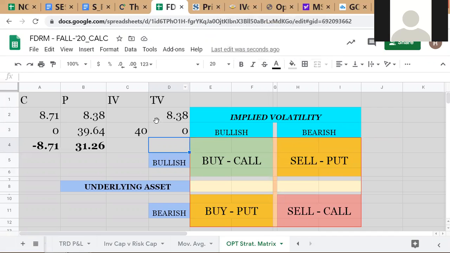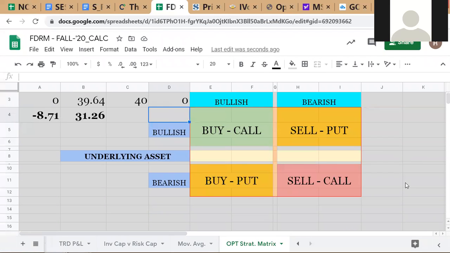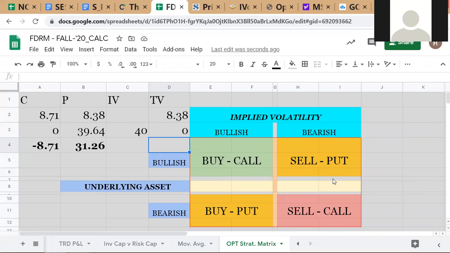Both of them have collapsed here. That gives you a better understanding of why you should still be in this box. If your underlying asset view is bearish, you should be in this box, not in this box. Now you understand better?